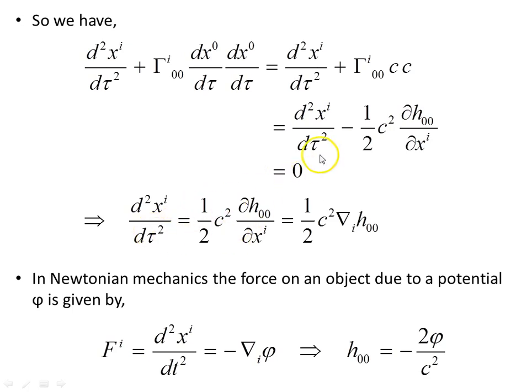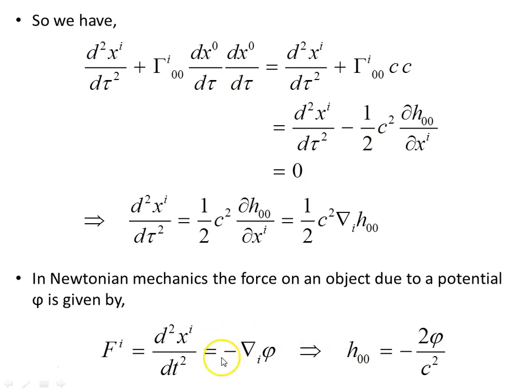So when we take the right hand side over the other side of the equal sign, we get this object here, which we can rewrite as a half c squared nabla subscript i of h0, 0. Now in Newtonian mechanics, the force on an object due to a potential phi is given by Fi as d2xi dt squared, assuming unit mass, m equals 1 kilogram, is equal to minus nabla i of phi.